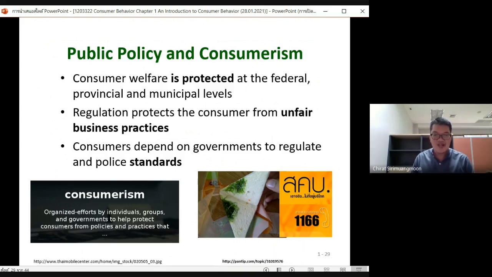So in Thailand, we have an organization that you can call when you were cheated by the seller, like low quality, not enough quality, low amount of products, or even contaminated with other bad things.